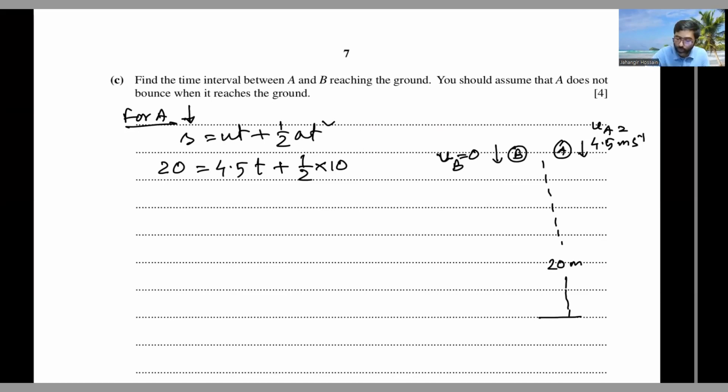So U positive, S positive, and acceleration positive. So we have the quadratic equation 5t squared plus 4.5t minus 20 equals 0. From this, we find the value of t.